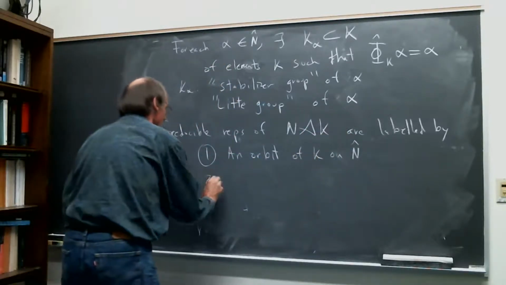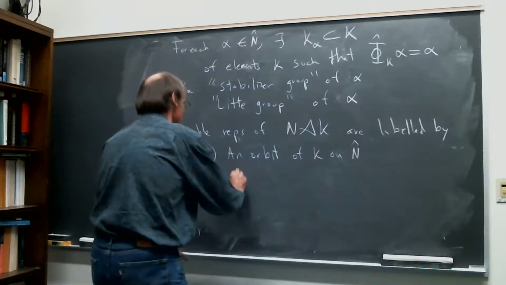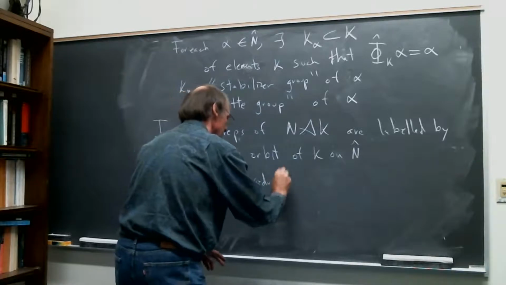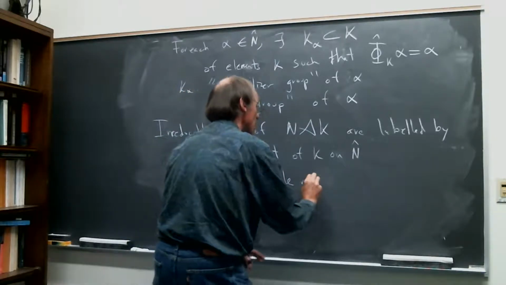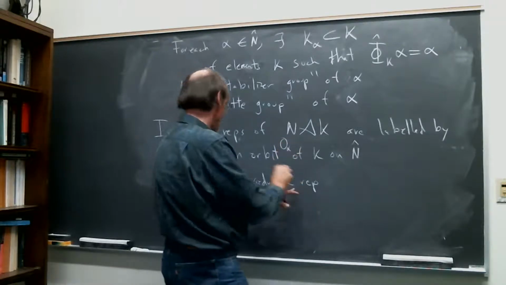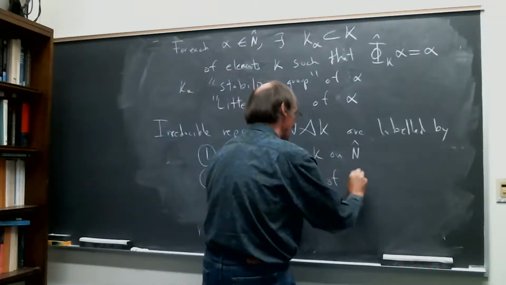But then the other thing is that an irreducible representation, let's call it O sub alpha, comes with an irreducible representation of K sub alpha.